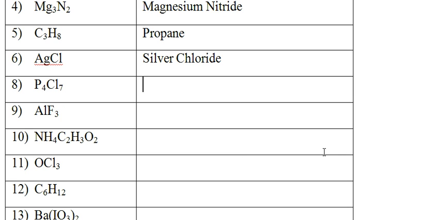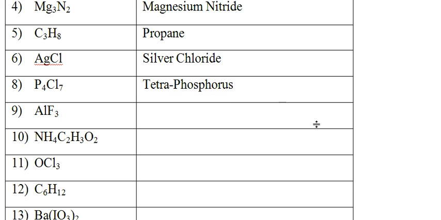Number 8, we have a non-metal with a non-metal again from our explanation earlier here. However, we have 4 phosphorus, so we need to use the Greek prefix tetra, and for us, phosphorus. Did I not spell that right? It'd be nice if I had an R in there.